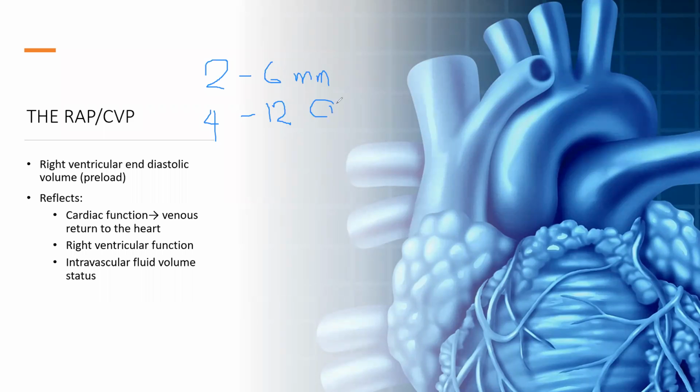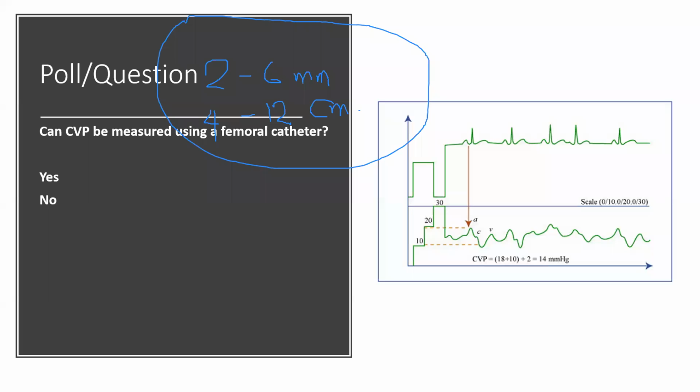So this is the normal CVP that is going to be the norm. Okay. All right. So let's go to the next one.